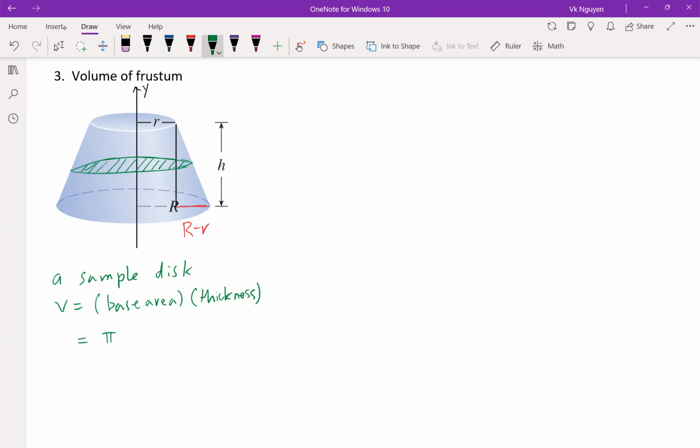The thickness is dy. The radius here, as you see, is the smaller r plus this distance.